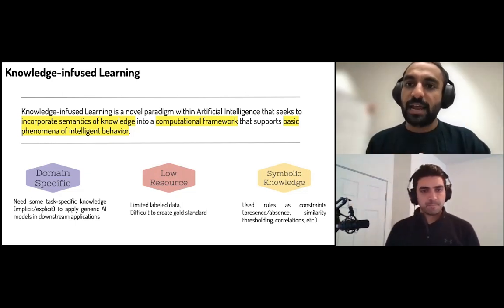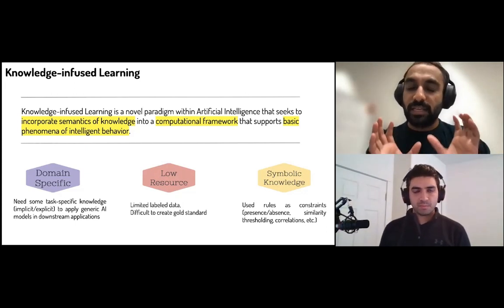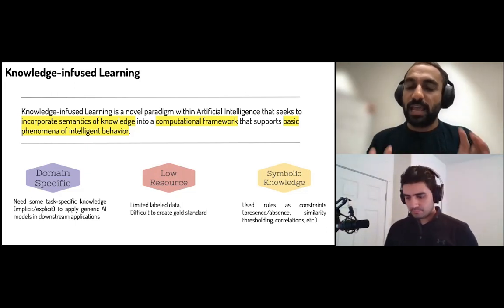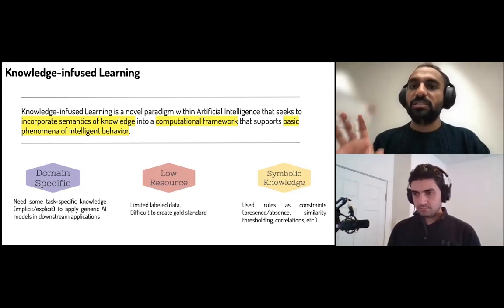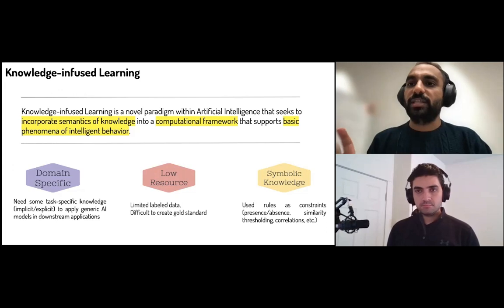And the third thing is that these data sets, these problems, though they are low resource and very domain specific, there is some sort of definitions or some expert information that is being provided.